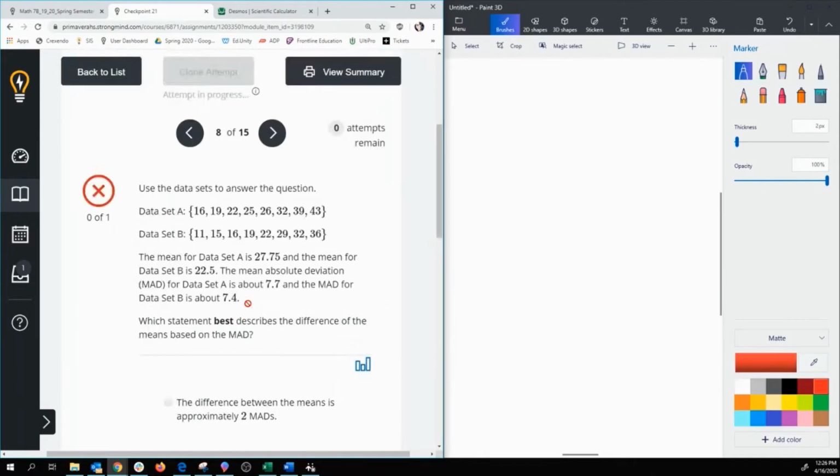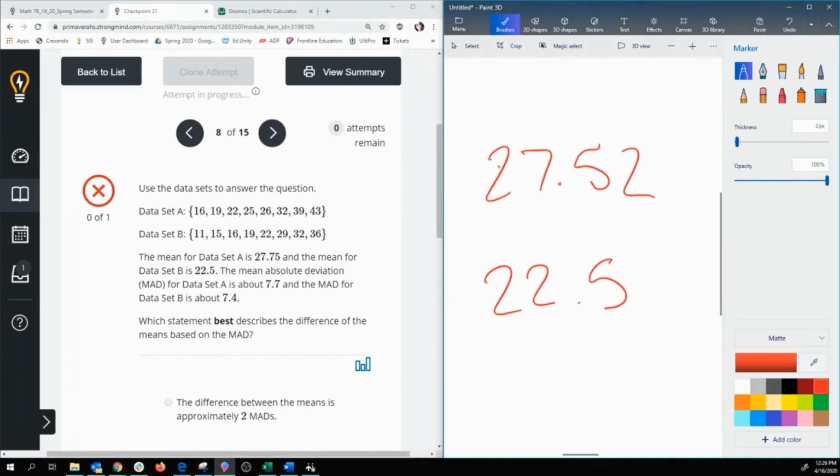Okay. Well, if I were to take these two numbers, 27.5 and 22.5, again, I'm asked for the difference, right? So I'm going to subtract those. Why do I have 5.2 here? I don't know.